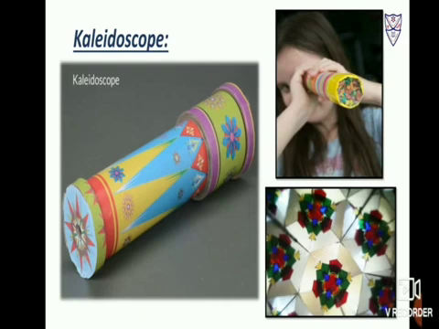This creates a beautiful pattern which changes when the kaleidoscope is rotated or shaken. Here you can see the third image. Designers of wallpapers and fabrics and artists use the kaleidoscope to get ideas for new patterns.